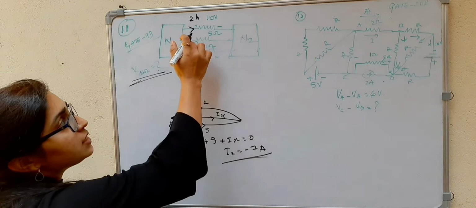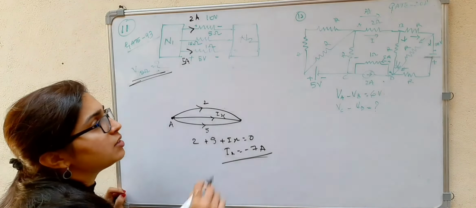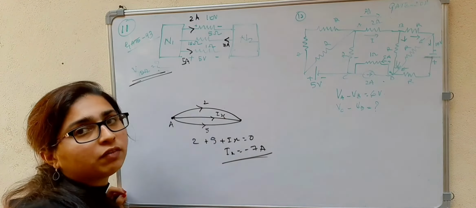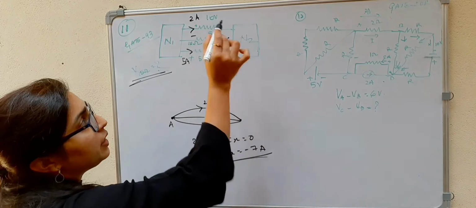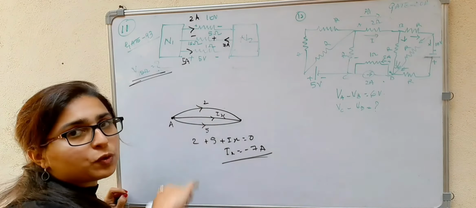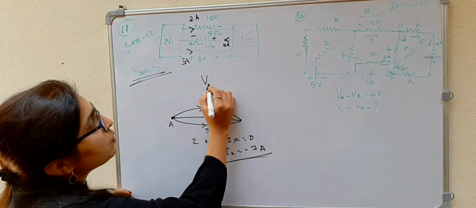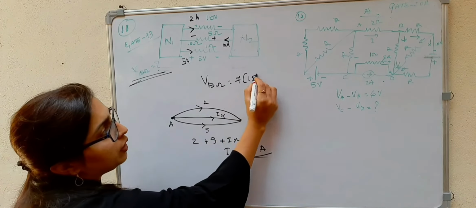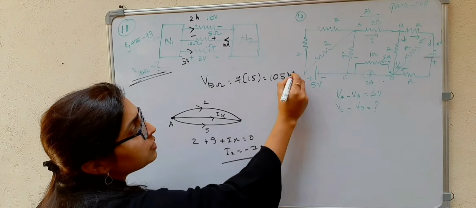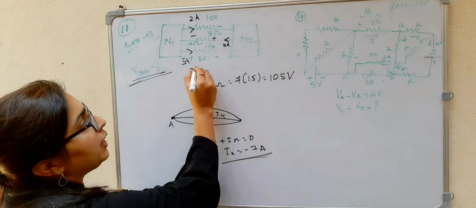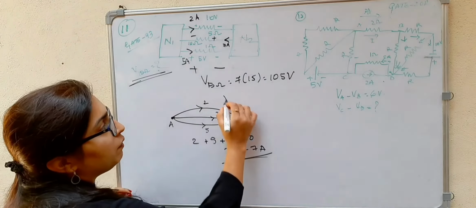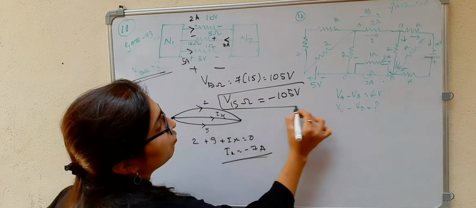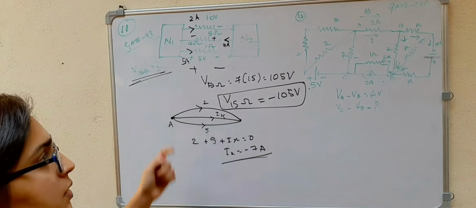That means it is entering from N2 to N1, so the polarity will be plus minus, opposite to the other two. So what is the voltage across 15 ohms? That is 7 into 15, which is 105 volts. But assuming the polarity to be like this, we will write the 15 ohm voltage as minus 105 volts. So this is the answer.